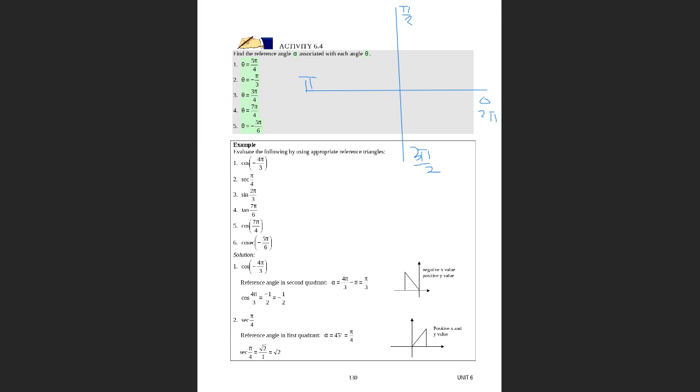So here you have to see that it is negative 5 pi over 6. Then you move in the clockwise direction.